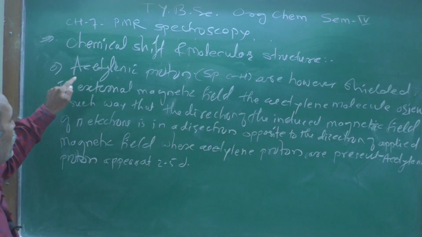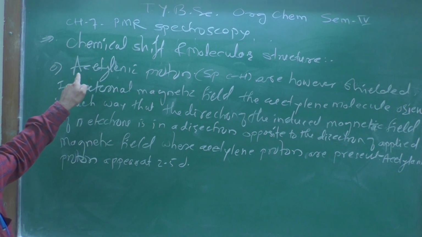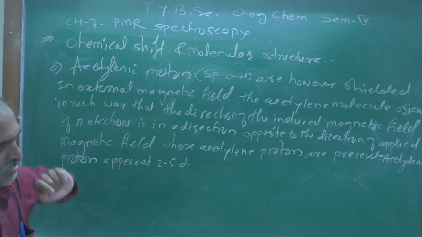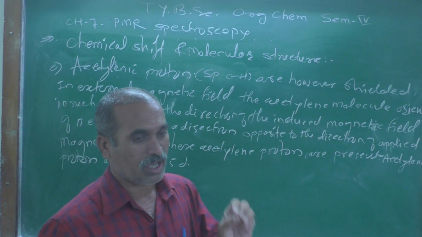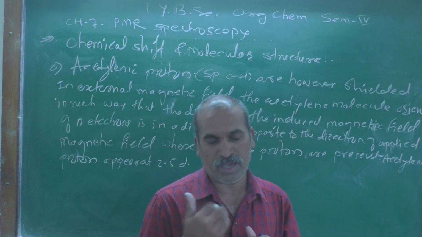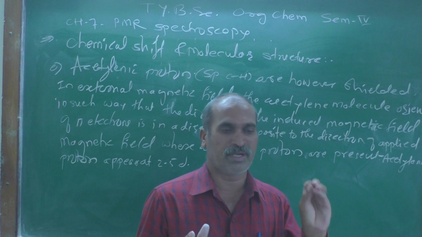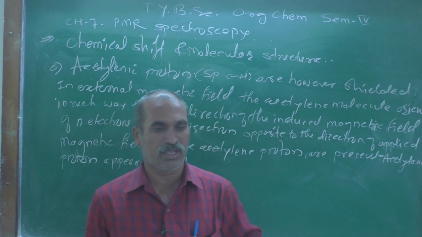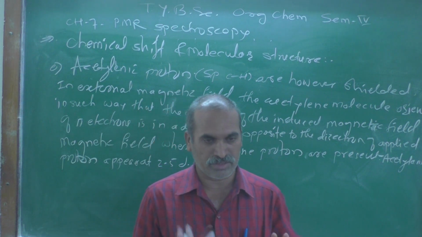Look at this carefully. The acetylenic proton means acetylene has a carbon-carbon triple bond, and the hybridization present is sp. Generally hybridization is a hypothetical process, but it is a very useful concept for the organic chemist.